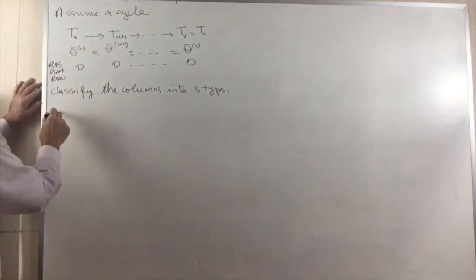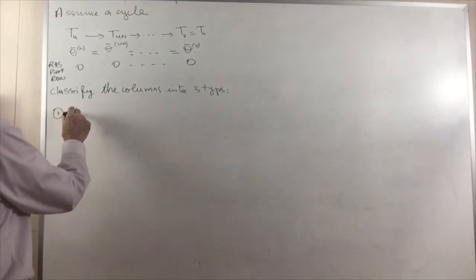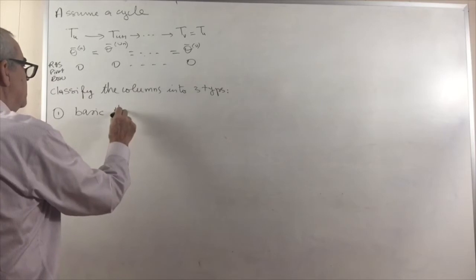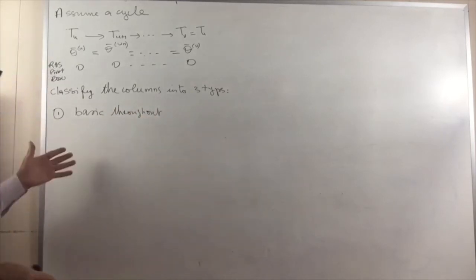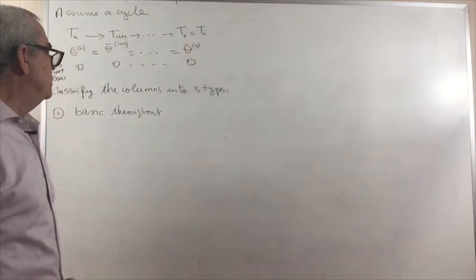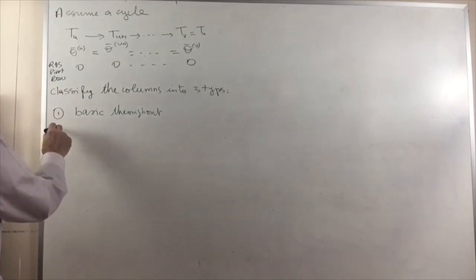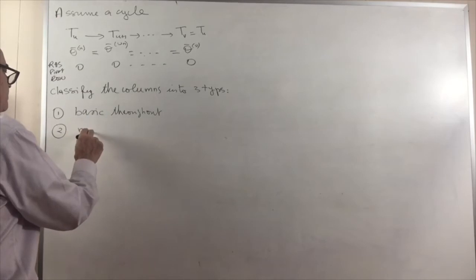One is I could have a column that's basic throughout. Okay, I have a specific column that's basic here in U plus 1 all the way to T_V. Okay, that could happen. That's type 1. Type 2, I have a non-basic throughout.